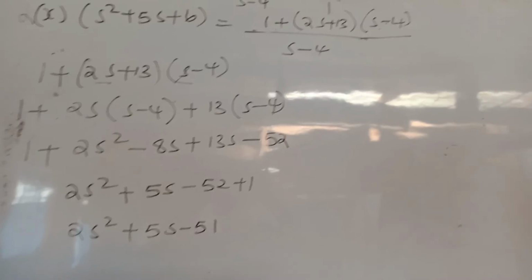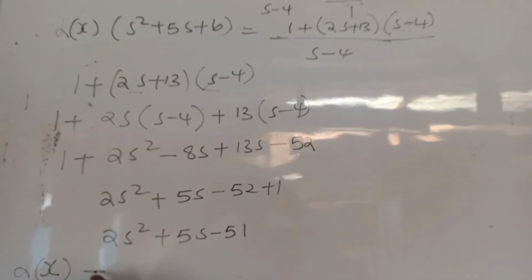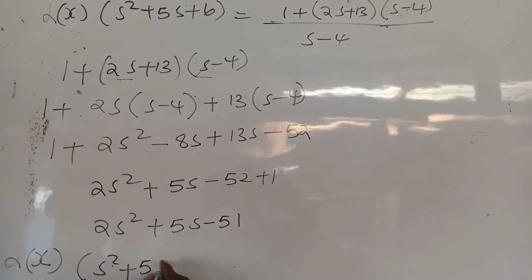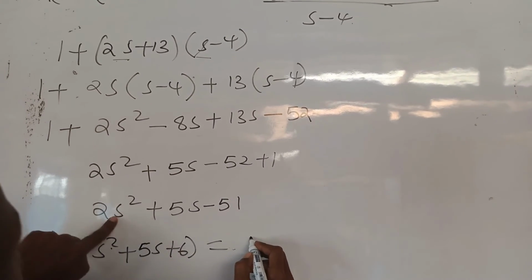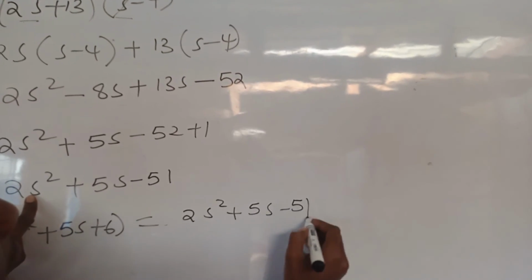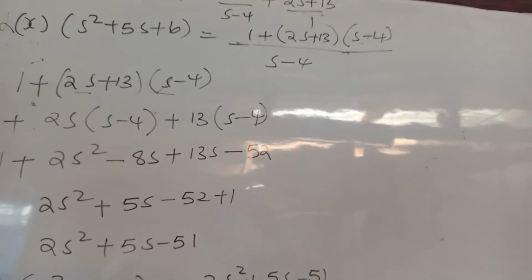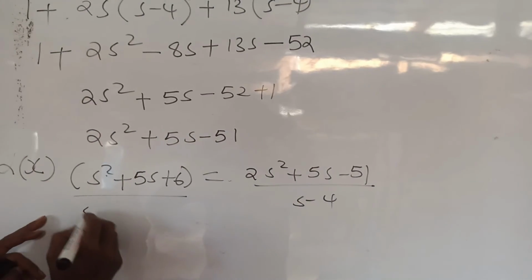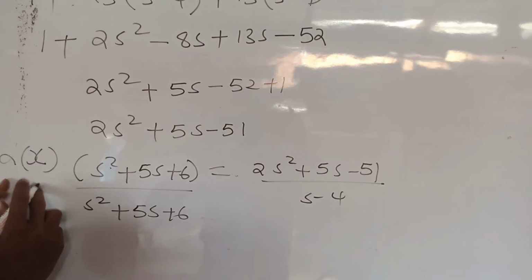Okay, now L of x into s squared plus 5s plus 6 is equals to this value here, 2s squared plus 5s minus 51 over s minus 4. So we want to transfer this value to this side. So we divide by s squared plus 5s plus 6 so that we'll be left with L of x.